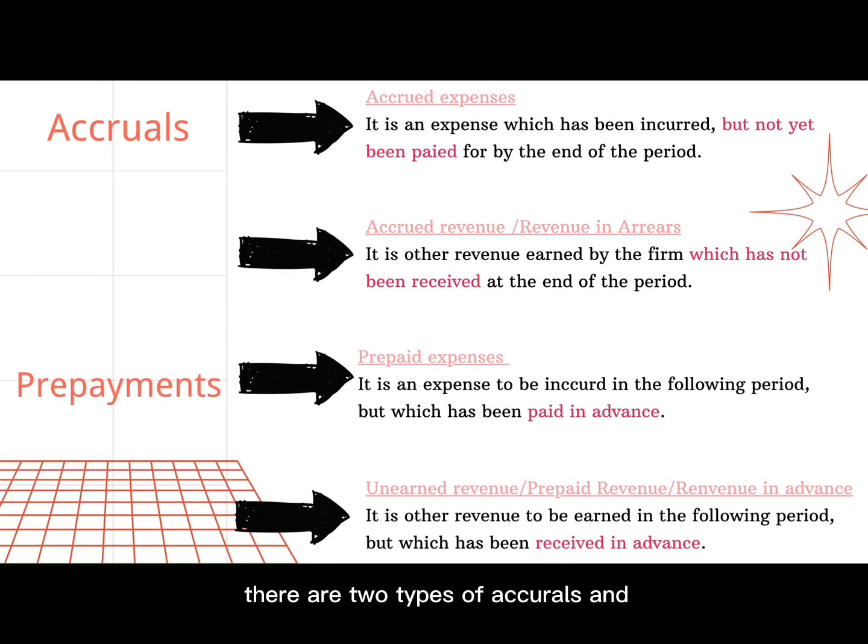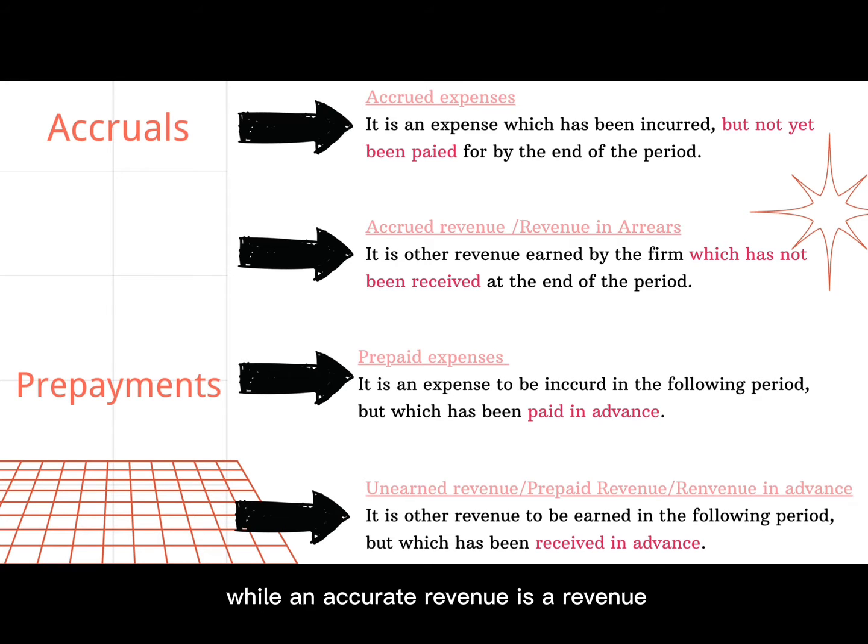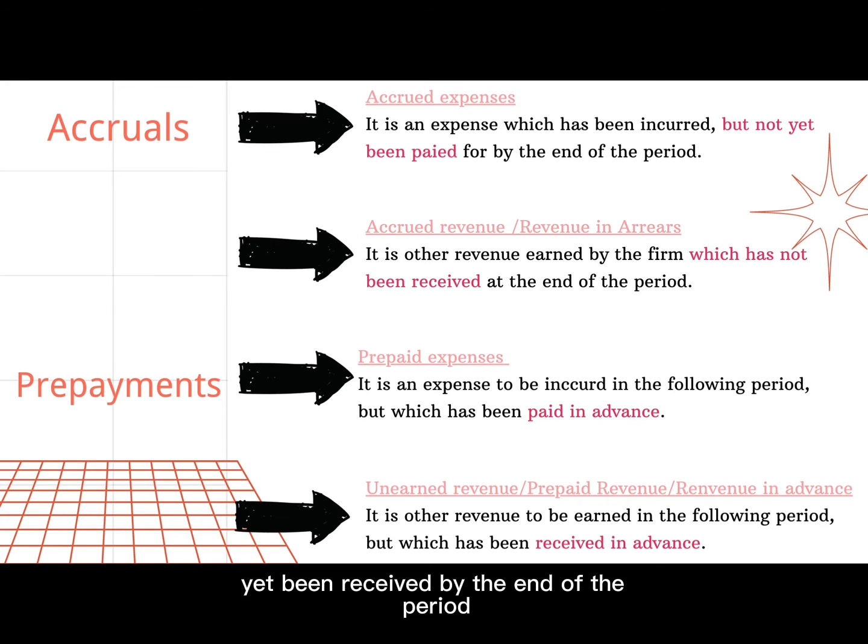There are two types of accruals and prepayments. In accruals, we have accrued expenses and accrued revenue. An accrued expense is an expense which has been incurred but not yet paid for by the end of the period, while an accrued revenue is a revenue earned by the firm which has not yet been received by the end of the period. When it comes to prepayments, there are prepaid expenses and prepaid revenue.